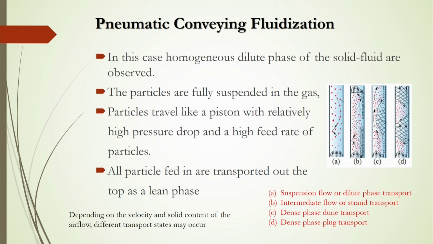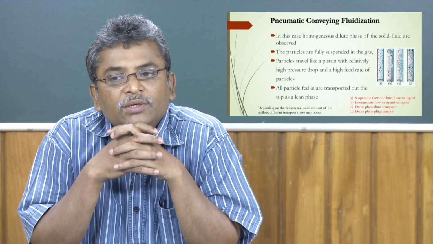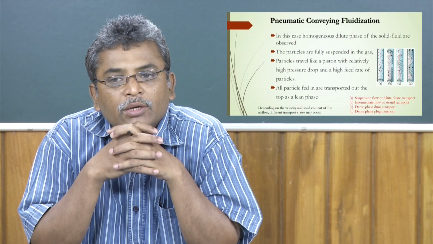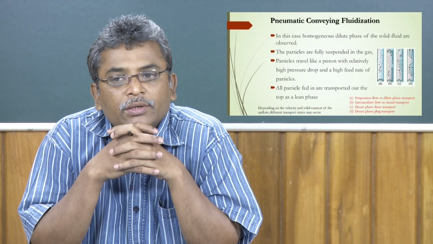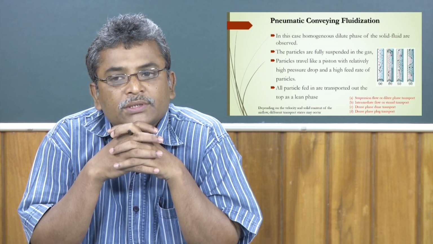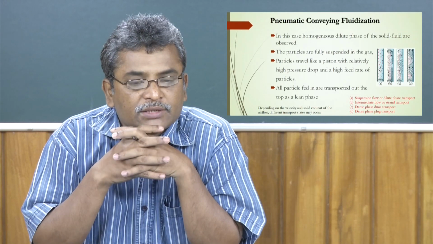The particles are fully suspended in the gas, and travel like a piston with relatively high pressure drop and high feed rate of particles here. So, you will see there will be a velocity of the solid, or you can say some flow rate of the solids, along with whatever the gas velocity is.